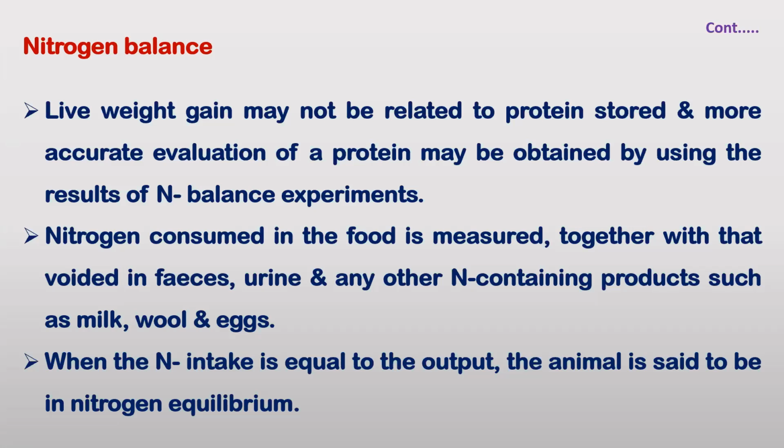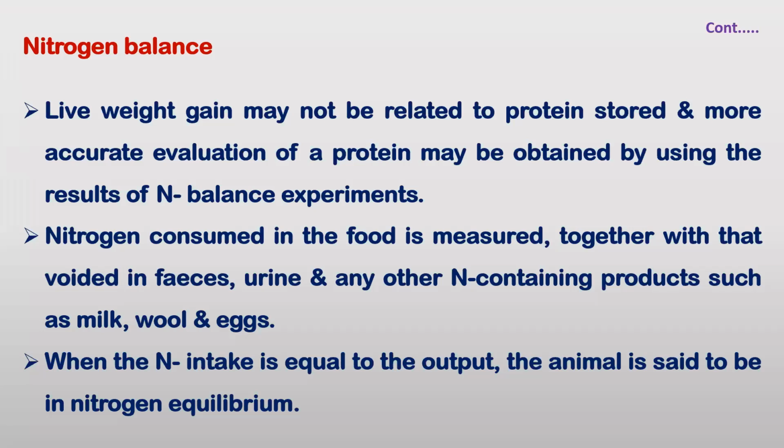There are no nitrogen losses from the body. Whatever the intake and whatever the output, there is no loss from the body. So a balance of nitrogen takes place in the body of the animal, and in such a case we say the animal is in nitrogen equilibrium.